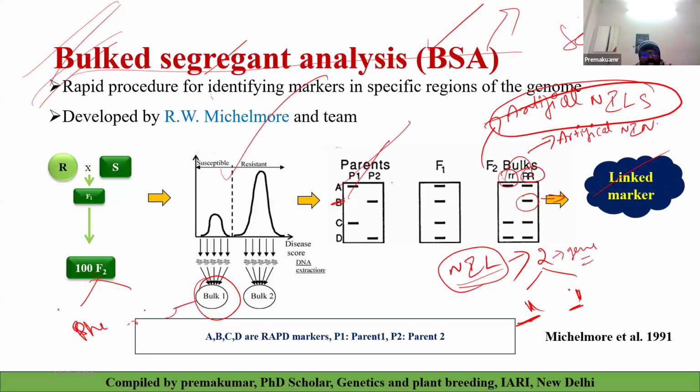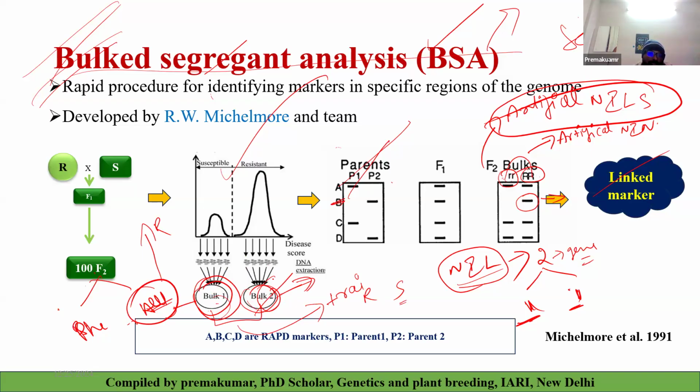The alleles responsible for a particular resistance or a particular susceptibility are pooled in bulk one, and the alleles responsible for susceptibility have maximum frequency in bulk two, the susceptible bulk. Means they differ only in the trait of interest, here resistance or susceptibility. Maximum allele frequency in one bulk is resistance, and in the other bulk it is susceptible.